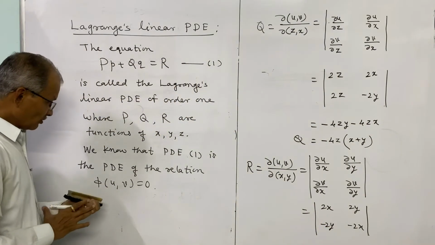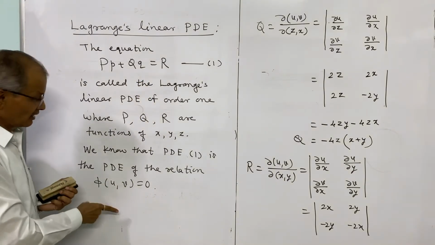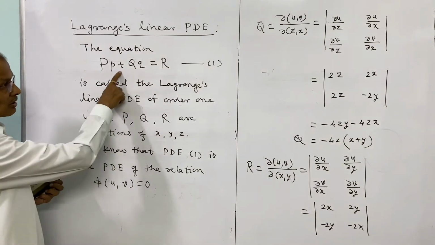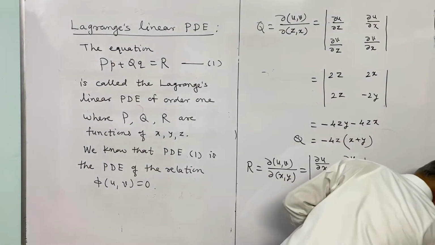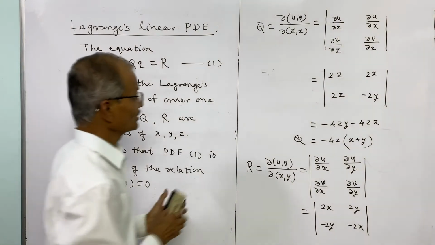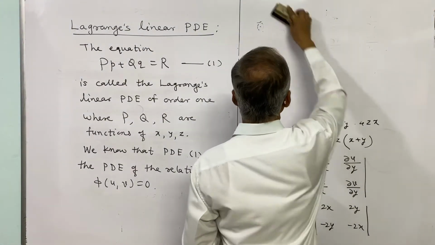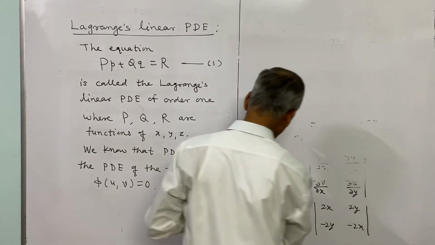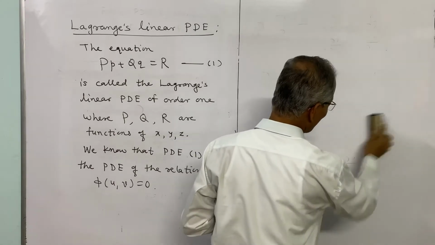Now see, PDE 1 is the PDE of this equation, and in turn this equation is called the solution of the partial differential equation 1. So this relation, phi of u and v is equal to 0, is the integral or solution of equation 1, because by eliminating the arbitrary function phi, we obtain the PDE.